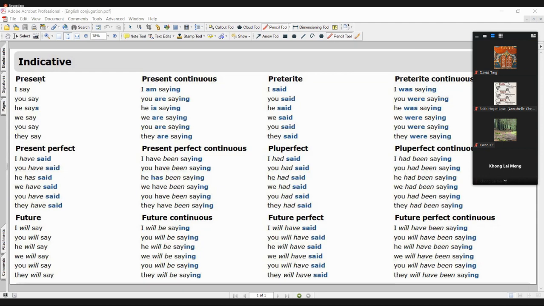So this is the present tense, this is the past tense, preterite is past, and then you have the future tense. In terms of present, you have four types of present. In past tense, you also have four types of past tense, and in future tense you also have them. So at the moment, we just think of it this way.